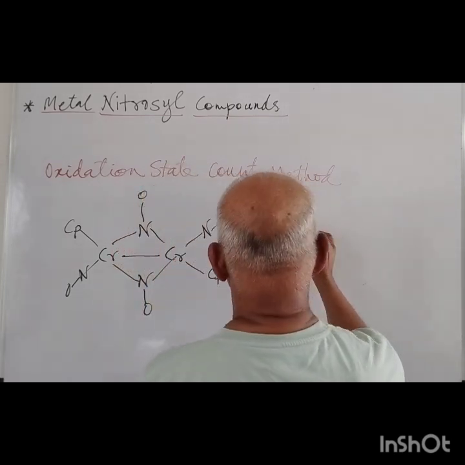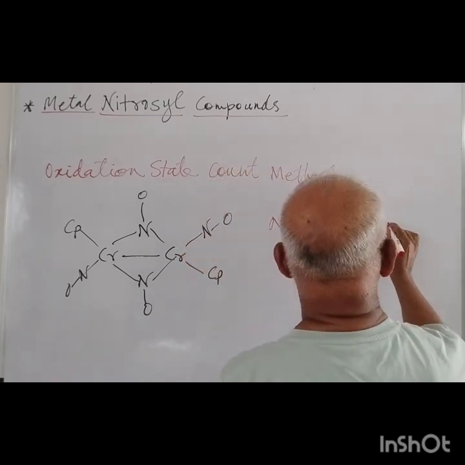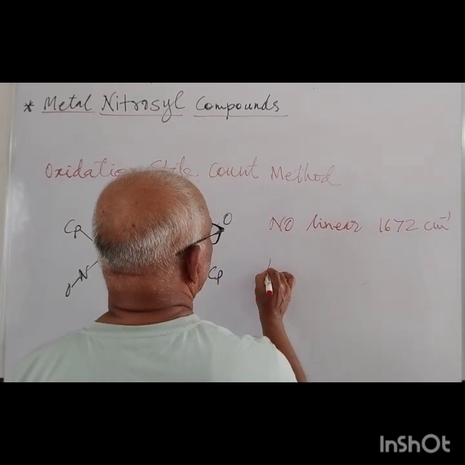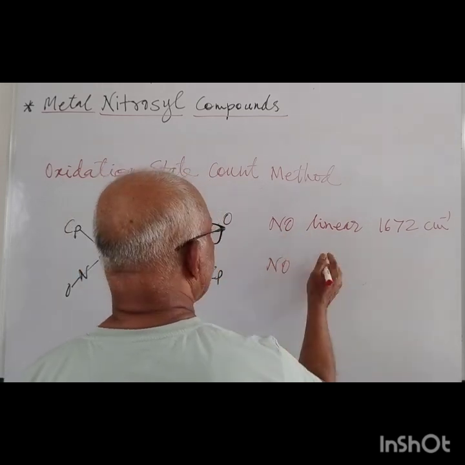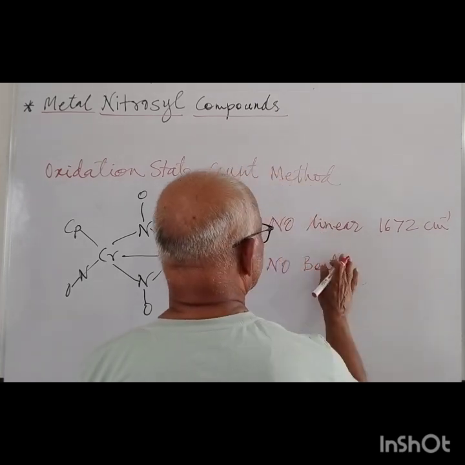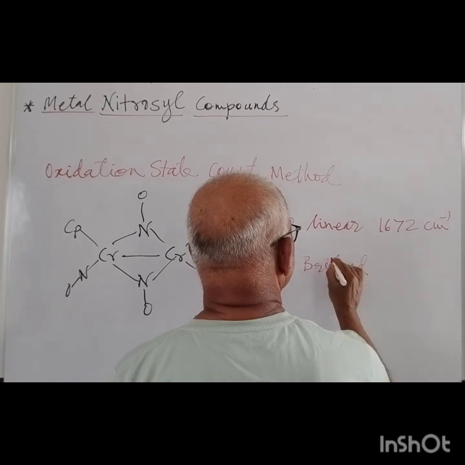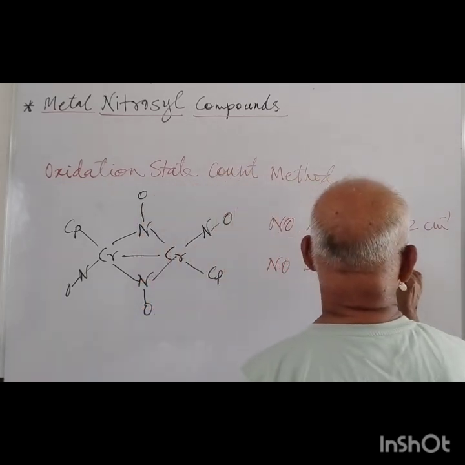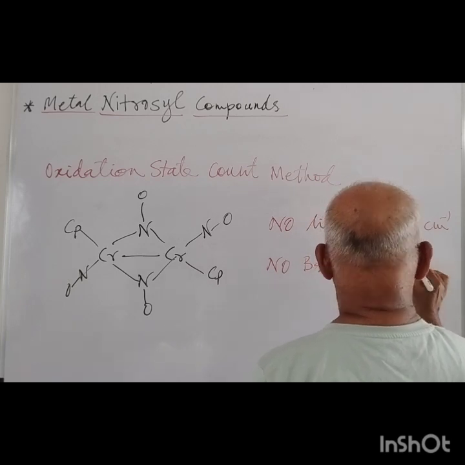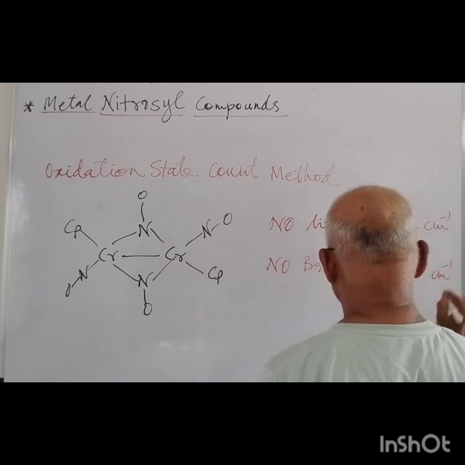So this NO, when it is linear, will show absorption at 1672 per centimeter. When this nitrosyl group is in bent form, that is bridged, it shows absorption at 1502 per centimeter.